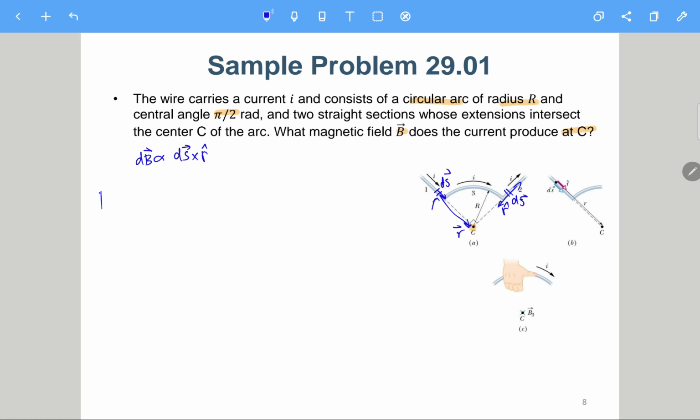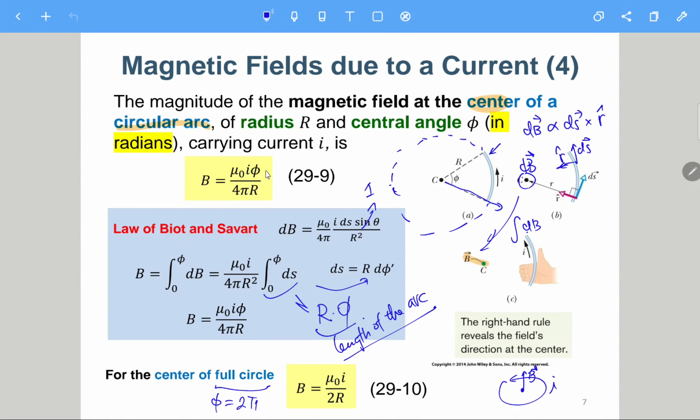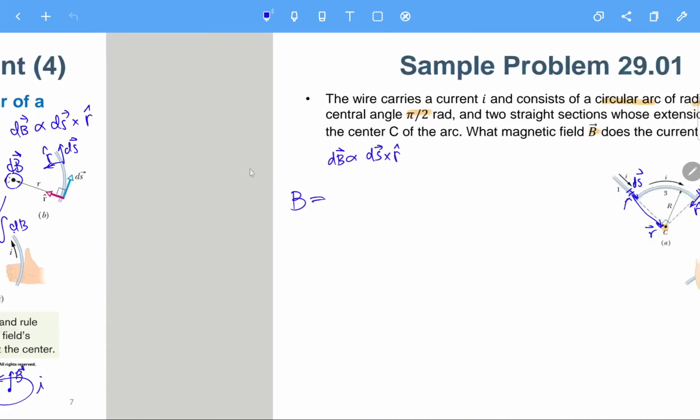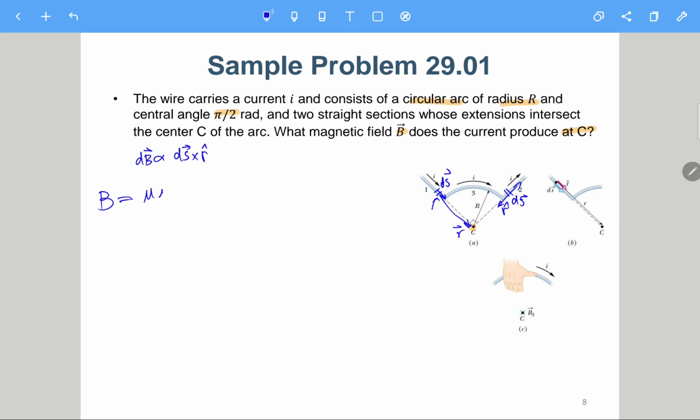So B will be, actually you can simply use this one: mu I phi over 4 pi r. We have phi equal to pi over 2, and then over 4 pi r.